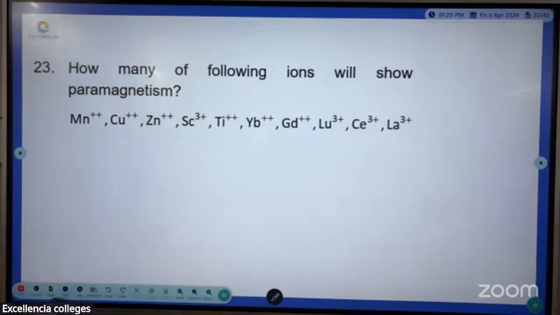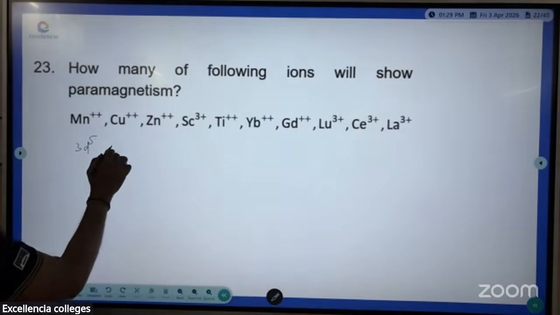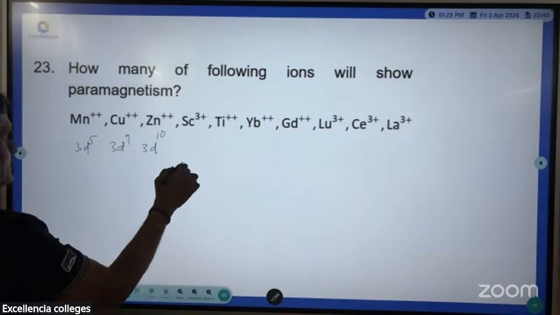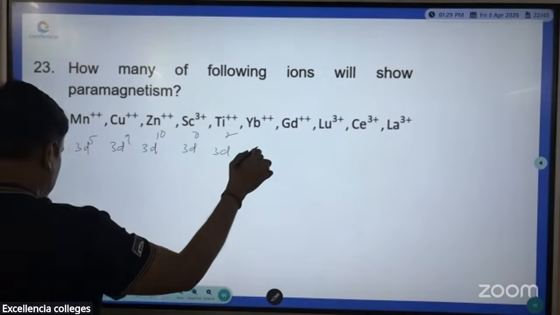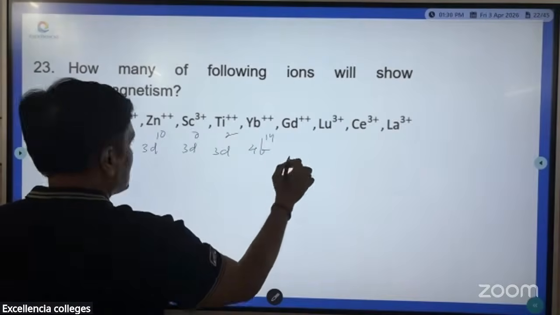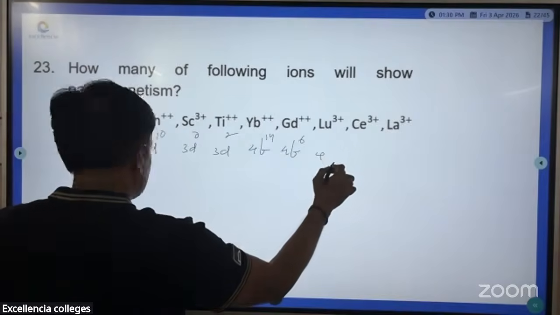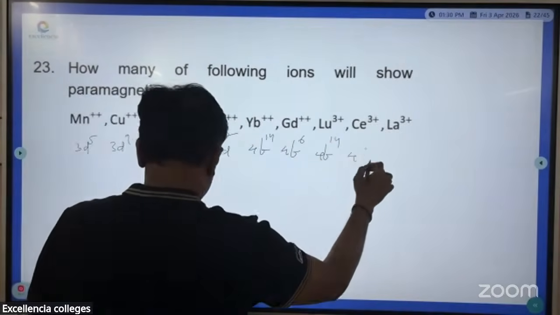Mn plus 2, what is that? 3d5. Then copper plus 2, 3d9. This is 3d10 zinc. This is 3d0. Titanium 3d2. 4f14 is ytterbium. Gadolinium is 4f6. 4f14 is lutetium. Cerium is 4f1.